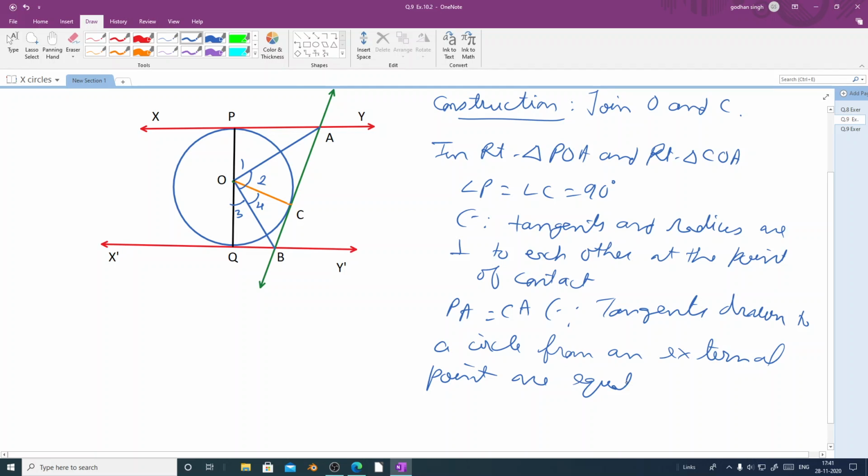So this is what we have got. And also we can see that in both the triangles, that is POA and COA, OA is common. OA equal to OA, common side.